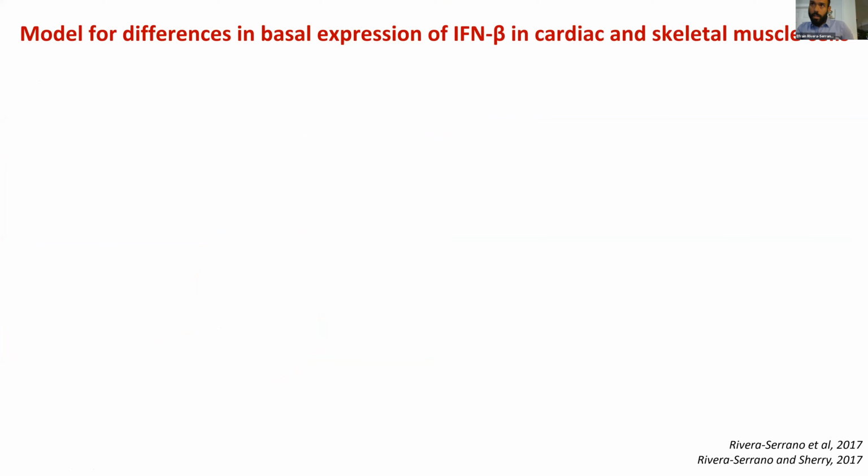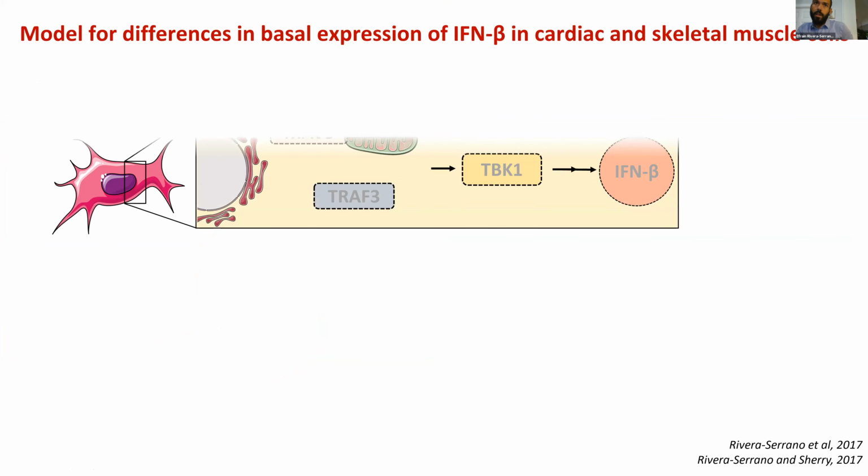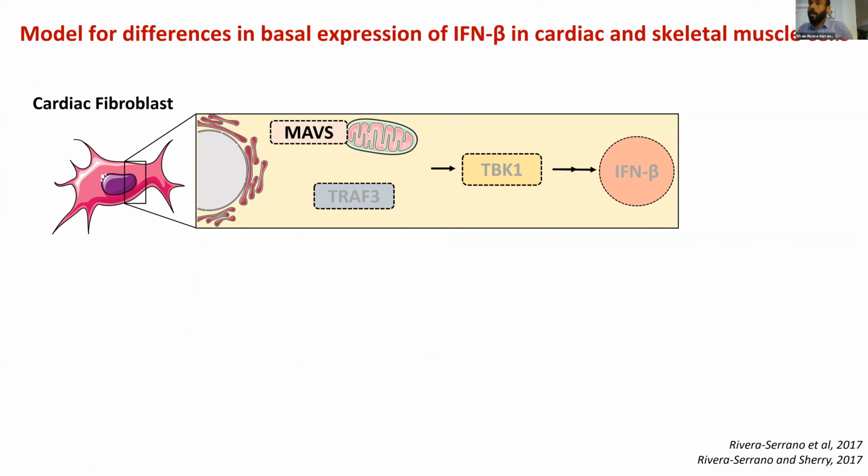And so in the heart, this is the model that we had. In the cardiac fibroblasts, those cells that are in the heart but are not the muscle cell type, they divide normally, they replenish. In fact, when you have cardiac damage, they're the ones that take over the lost cells. This pathway is shut down, just like every other cell type in your body, waiting for a virus to produce interferon.